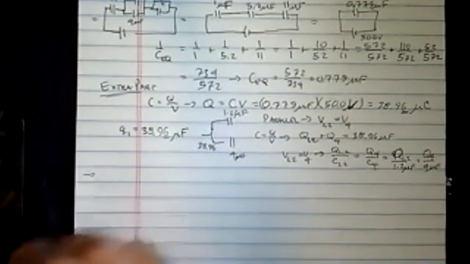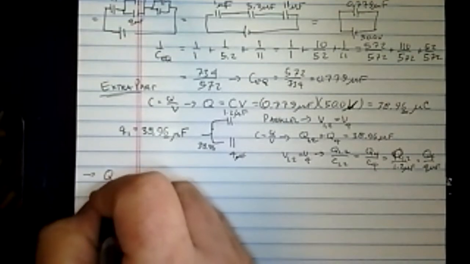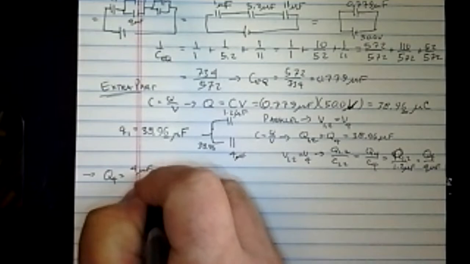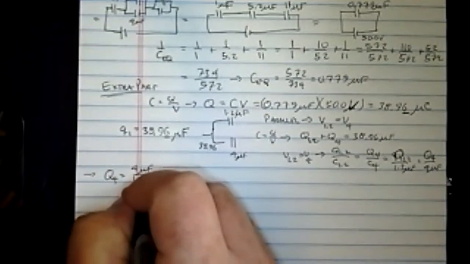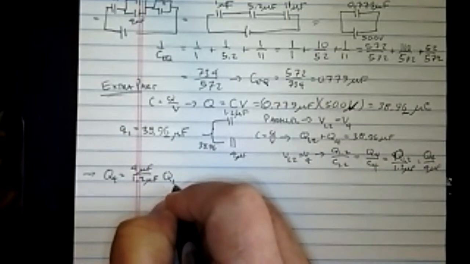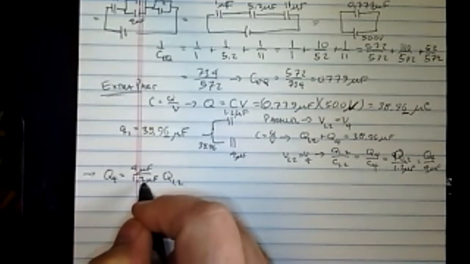So I'll come back here, and what that means is Q4 is equal to 4 microfarads divided by 1.2 microfarads times Q1.2. This was actually 6/5 if you want to.